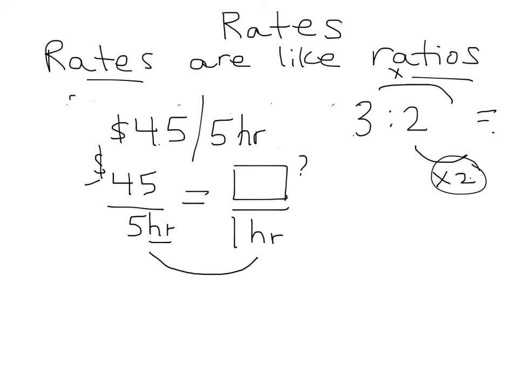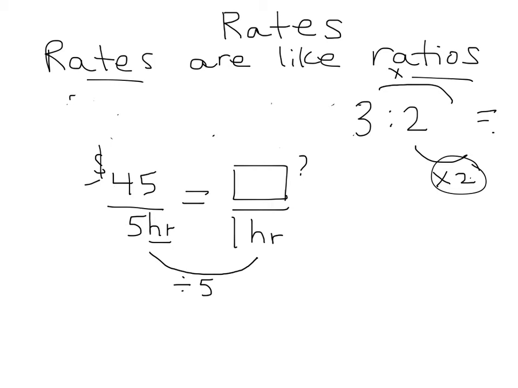So you say, okay, 5 hours to 1 hour. What did I do to the 5 to get to the 1? Am I multiplying or am I dividing? Well, in this case, it's going smaller, so we are dividing. What do I divide 5 by to get to 1? I divide by 5.